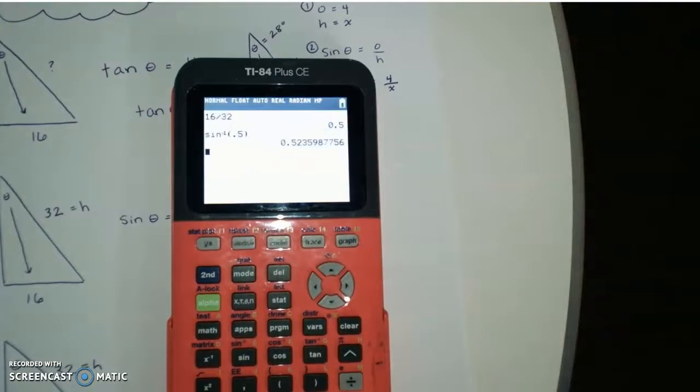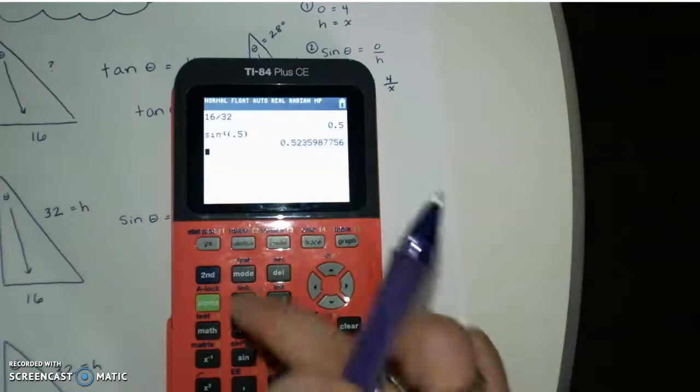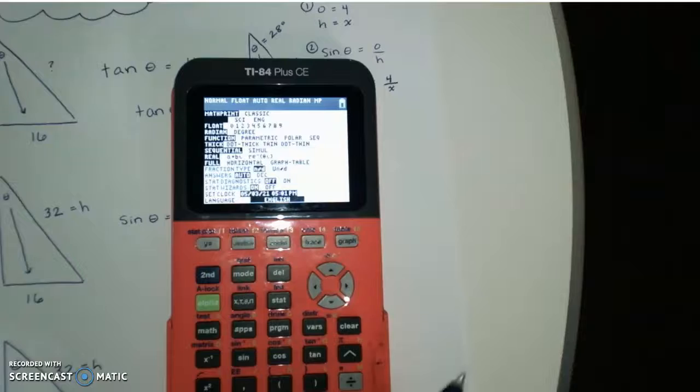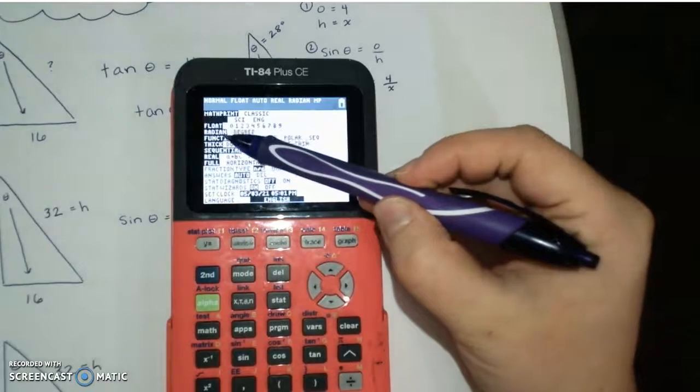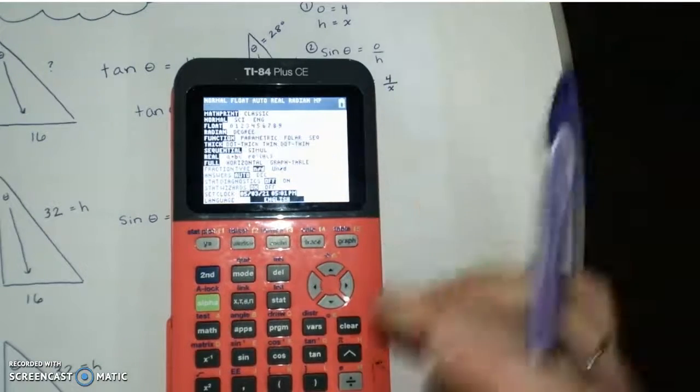Okay, so when we're doing this, we're going to need to change our calculator into degrees because we are working with degrees. And when we are plugging in the degree of an angle into sine, tangent, or cosine, we have to change our calculator so that it knows what we're trying to do. So in order to do that, I go to Mode, and if you scroll down to right here, you can see where it's highlighted radian.